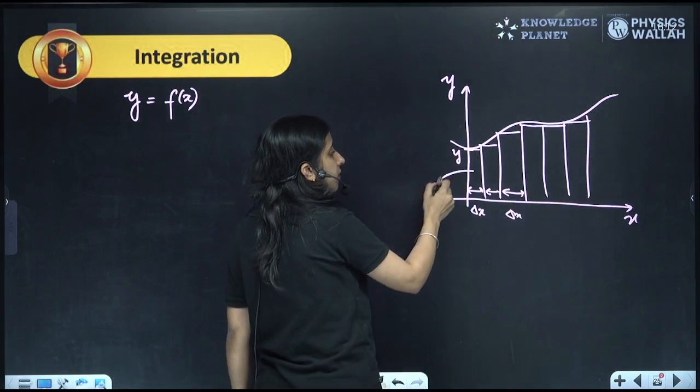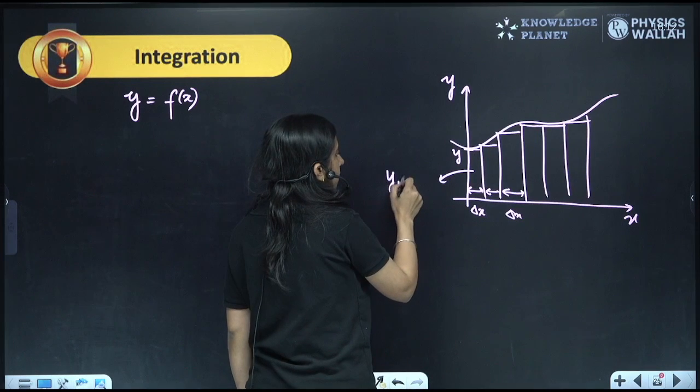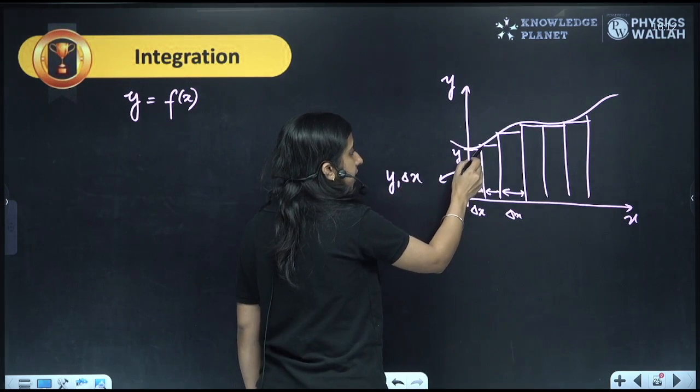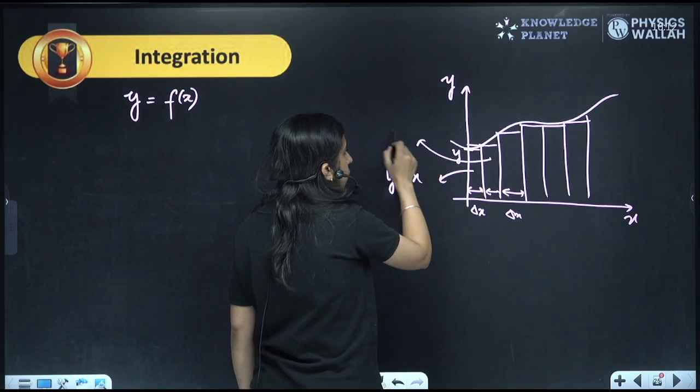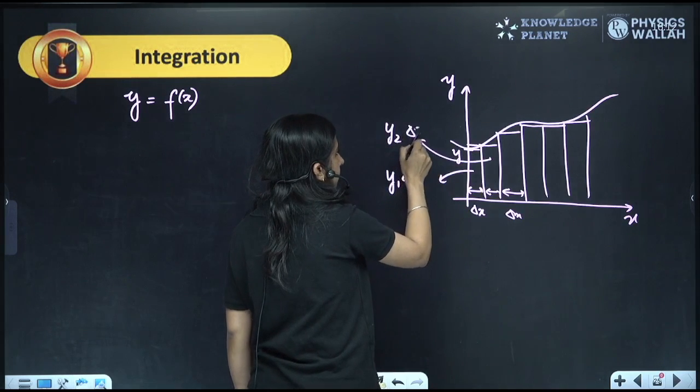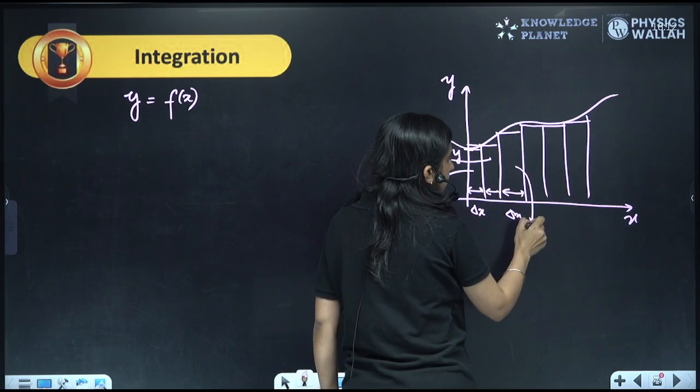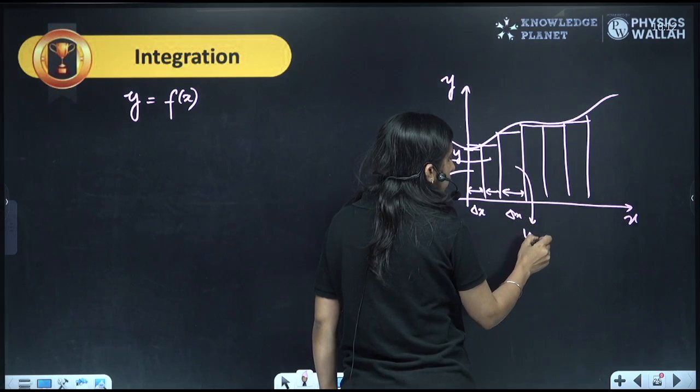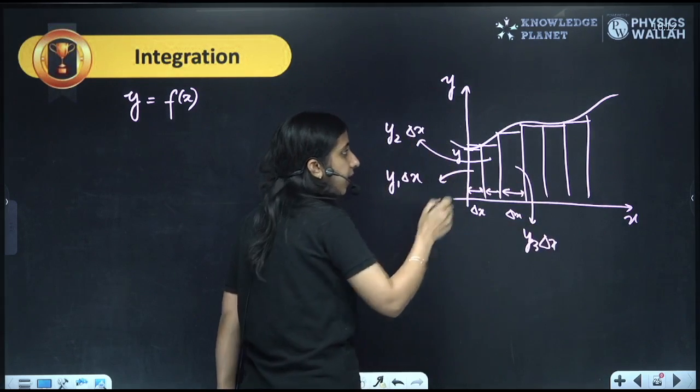The area of this strip will be y1 into delta x, the area of this strip will be y2 into delta x, the area of this strip will be y3 into delta x, because these are rectangles.